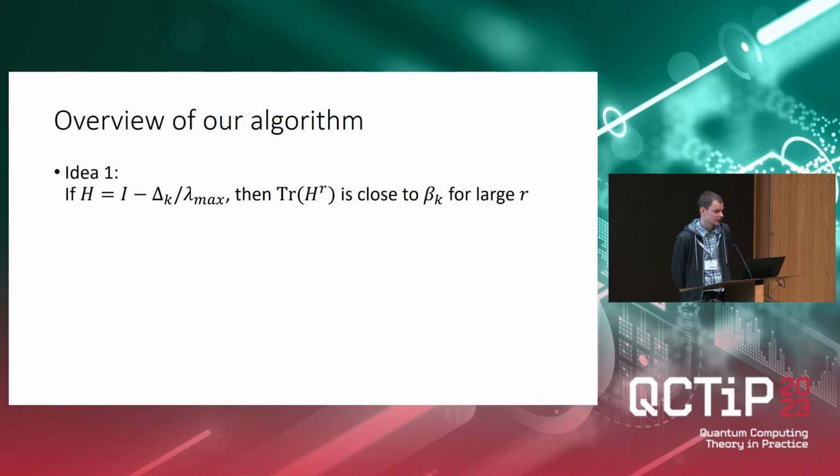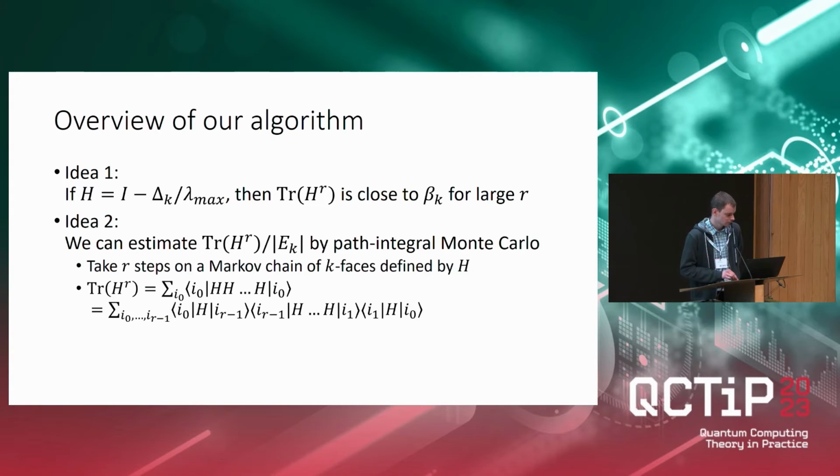The first idea is, if we take this matrix H, which is defined using the combinatorial Laplacian and the maximum eigenvalue of the combinatorial Laplacian, then we can see that the trace of the rth power of this matrix is going to be close to the kth Betti number if we take a large enough R. We will look at it in a bit more detail later. And the second idea is that we can estimate this number, this trace, or its normalized version, by a path integral Monte Carlo method. But what does this mean?